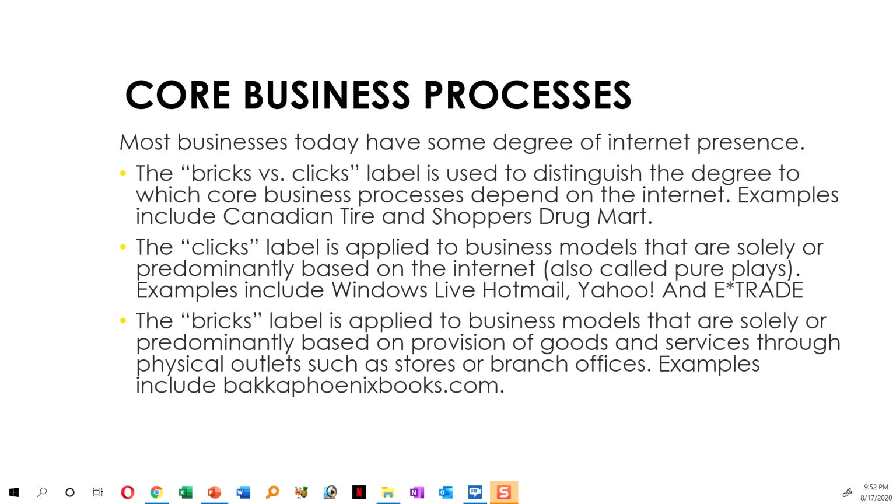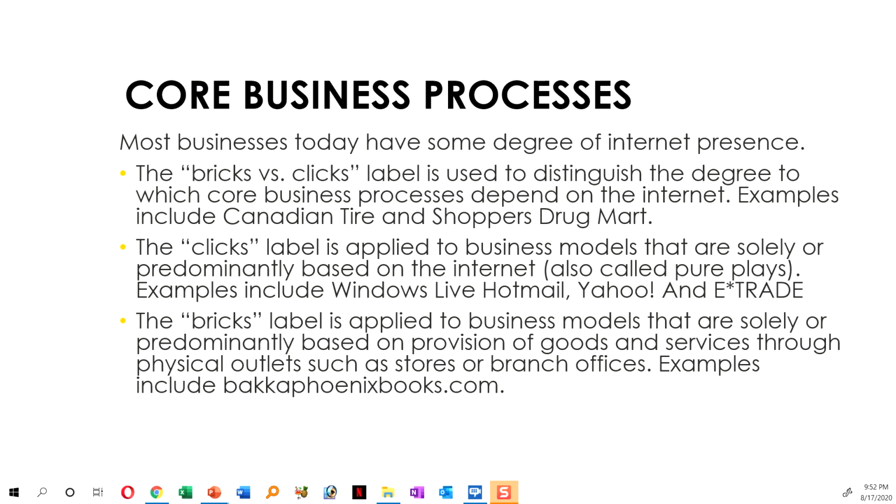Now the core business processes. Most businesses today have some degree of internet presence for sure. The bricks versus clicks label, where bricks means a store and clicks means the internet or online, is used to distinguish the degree to which core business processes depend on the internet. Examples include Canadian Tire and Shoppers Drug Mart.